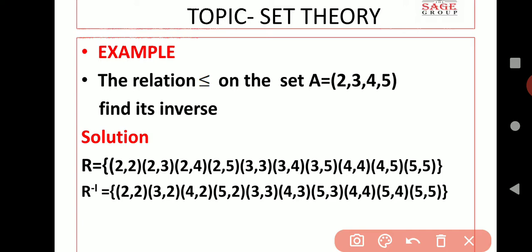So we have A is equal to {2, 3, 4, 5}, and the relation is defined as less than or equal to.